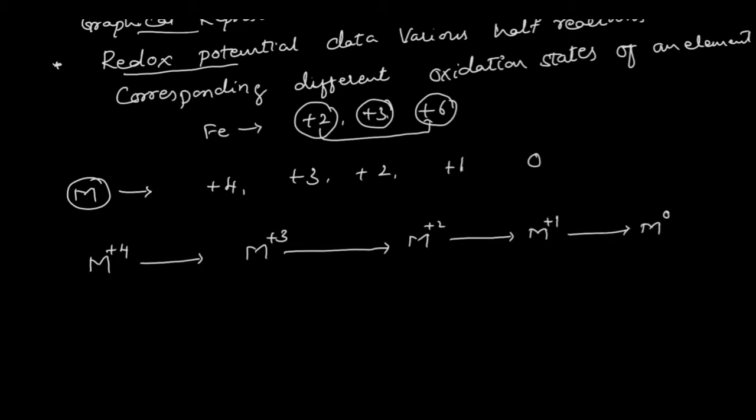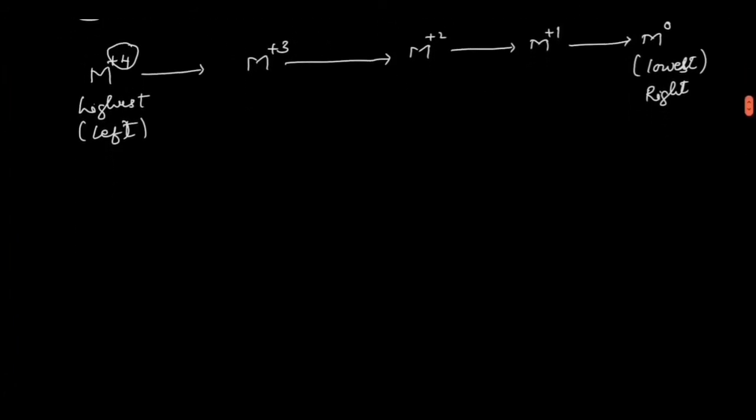You may observe that I have written these oxidation states in decreasing order: +4, +3, +2. The highest oxidation state should be written on the left side and the lowest oxidation state on the right side in this diagram.